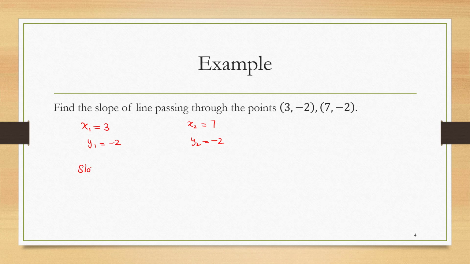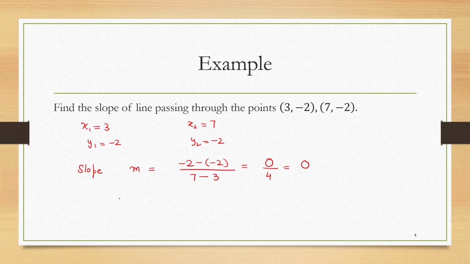So slope, generally denoted as m, is given by (y2 minus y1) upon (x2 minus x1). -2 plus 2, so you get 0 upon 4, that is 0. So if the y coordinates of 2 points are the same, we are always going to get the slope as 0. In particular, the slope of the x-axis is always 0 because all the points on the x-axis have the same y coordinate, that is 0.